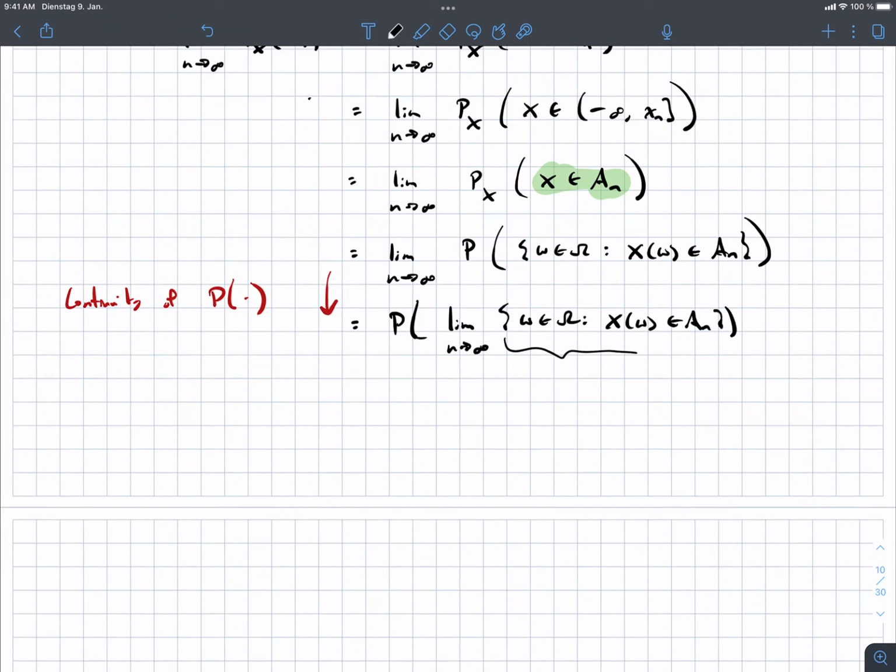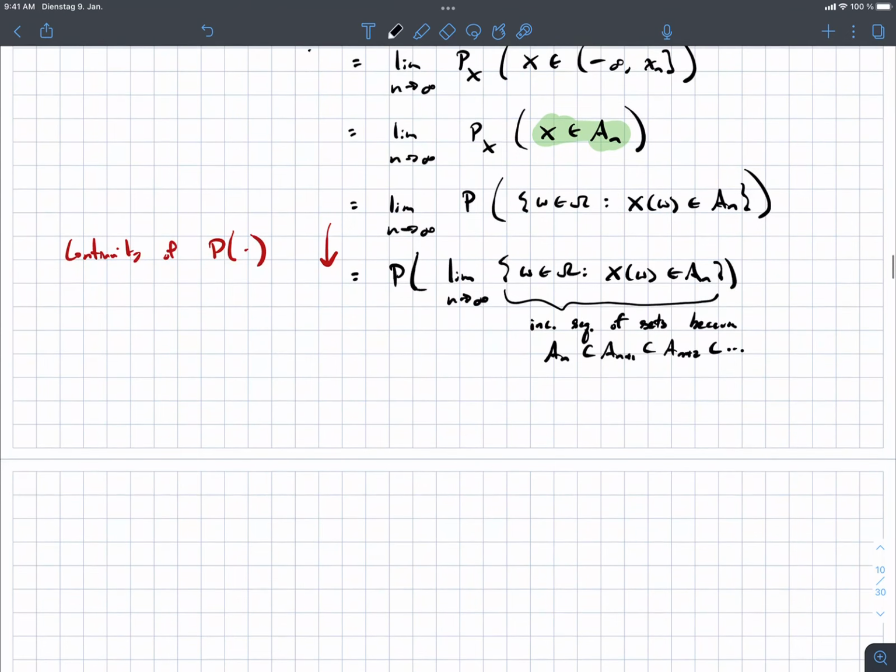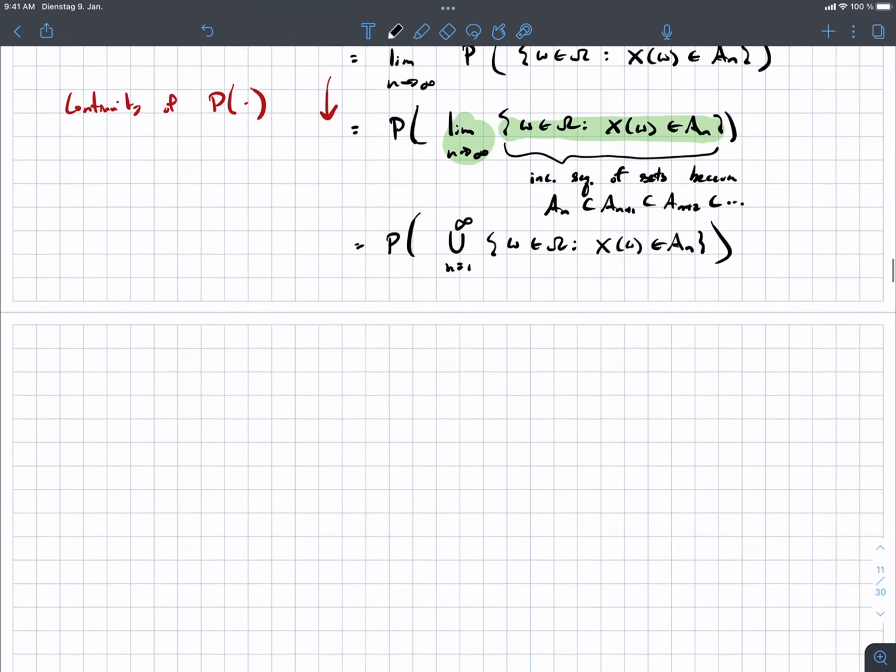Now, this is an increasing sequence of sets because An is contained in An plus 1, is contained in An plus 2, and so on. And we proved that the limit of an increasing sequence of sets is the union of the sets, n goes from 1 to infinity.